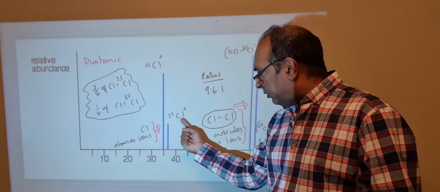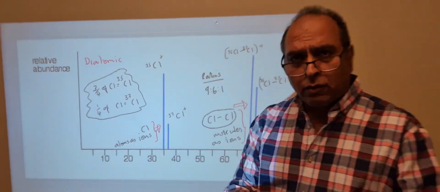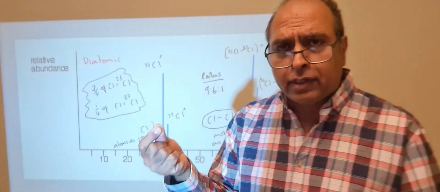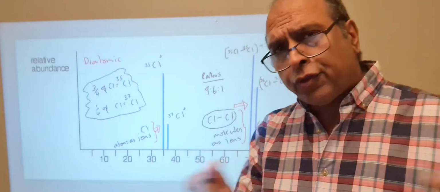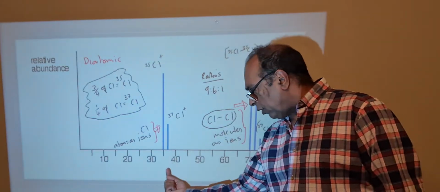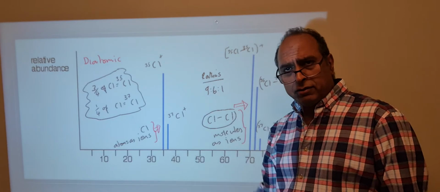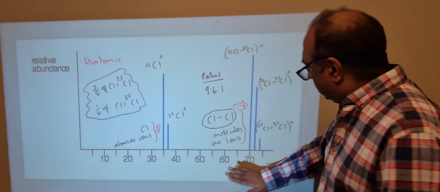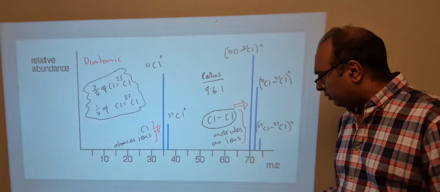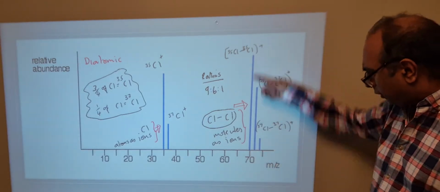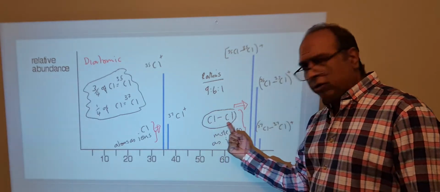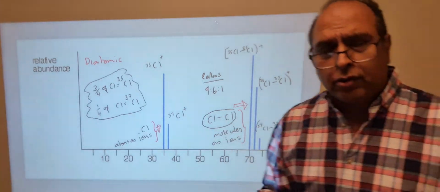Chlorine 37 atoms, where they've got an electron removed, now existing as Cl+ ions through the machine, will show up at value 37. What's interesting is up here, because you've got 3 peaks. Now they're the molecules of chlorine.